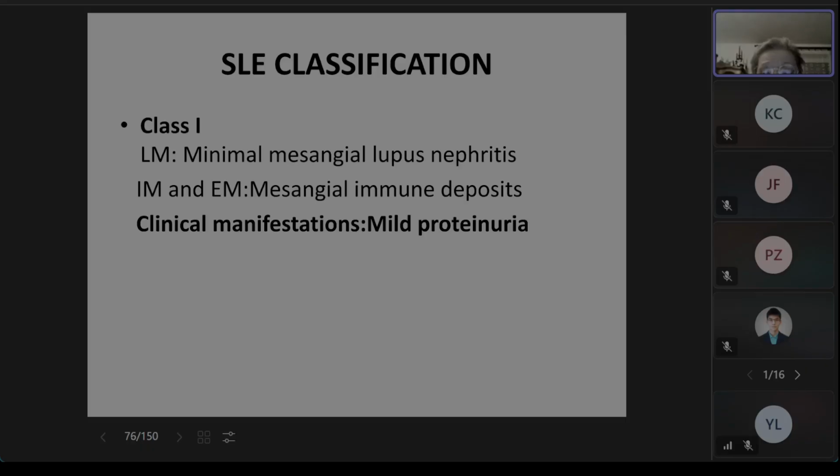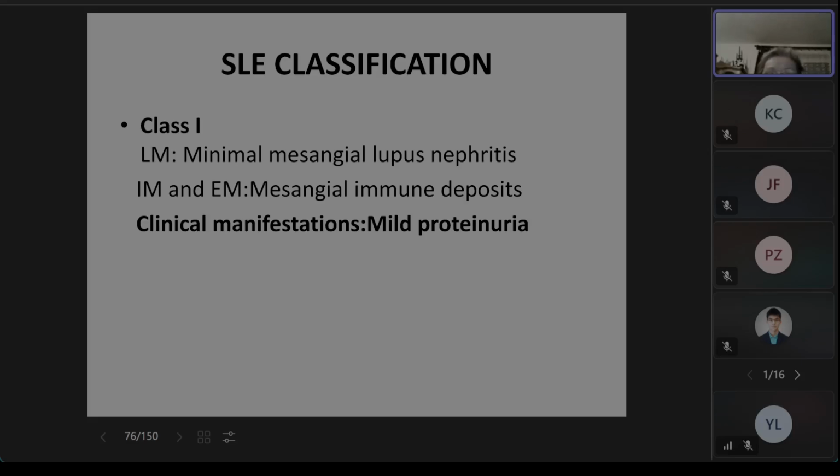On the next slides, and this is my own work, I put some information about what we can see in the different classes of systemic lupus erythematosus in the glomeruli. Class 1 is minimal mesangial lupus nephritis.